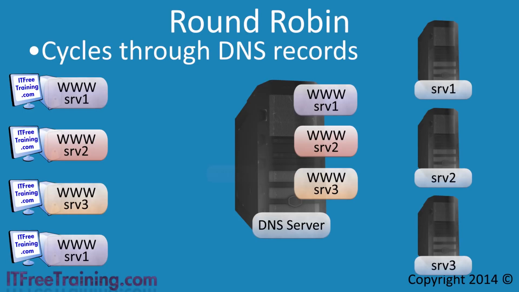This process is what is referred to as Round Robin. Round Robin is often used for simple load balancing. It performs load balancing because it distributes the load between servers by cycling through the available DNS records. It is a simple load balancing system since it does not take into account the load of the server the user is being directed to.